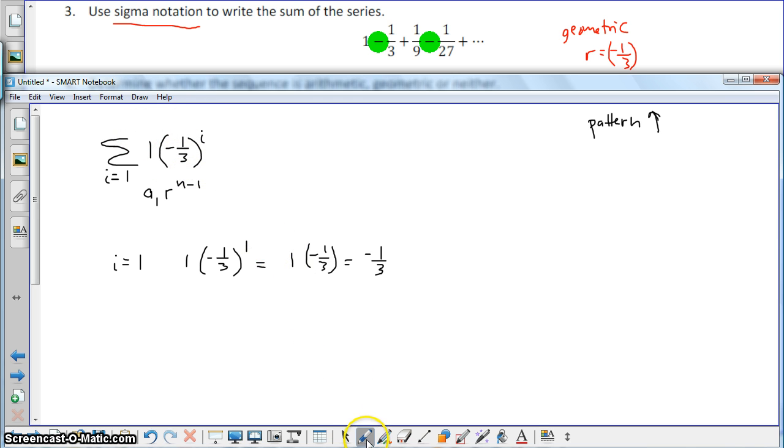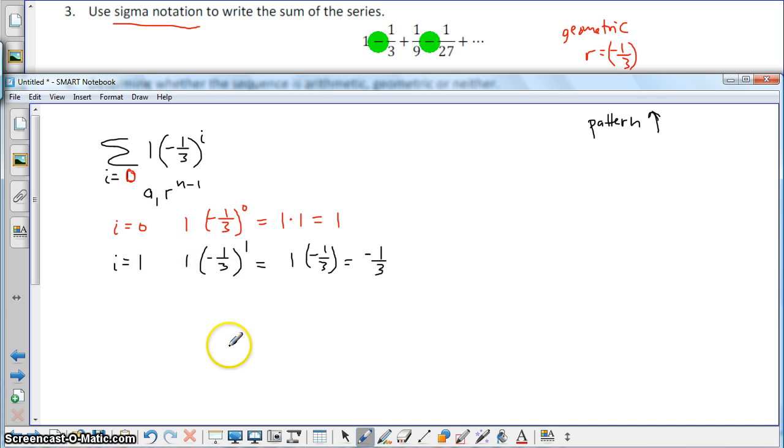So there are two different ways I can deal with this. One, I can say that this actually starts at 0. Let's try that. If I had i equals 0, then I would have 1 times negative 1/3 to the 0. Negative 1/3 to the 0 is just 1. So I get 1 times 1, which is 1. And that would be correct, since my first term is 1.